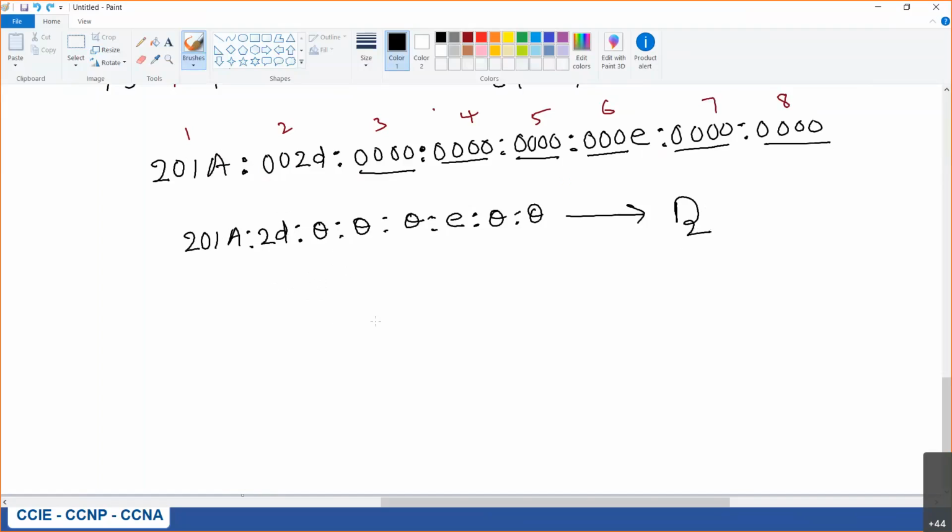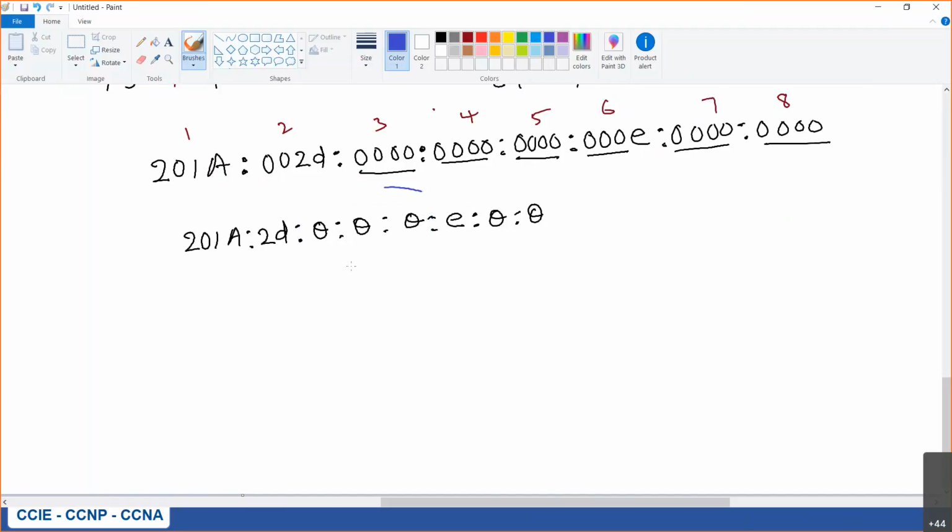Now, rule number 3. Still, we can represent. The rule number 3 is that multiple fields, multiple quartets of zeros, are represented with a double colon. So double colon represents continuous multiple fields. Here we have continuous multiple fields of zeros, right?